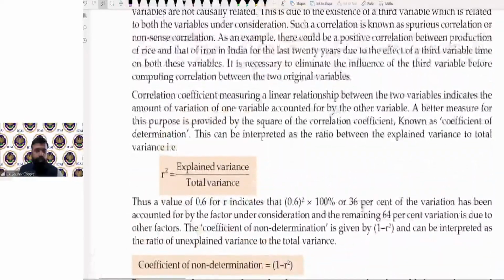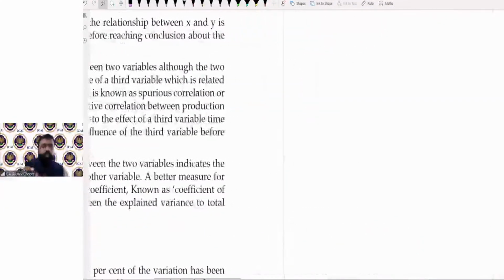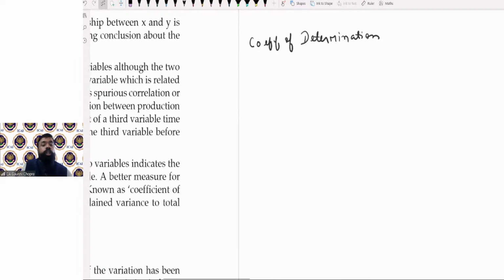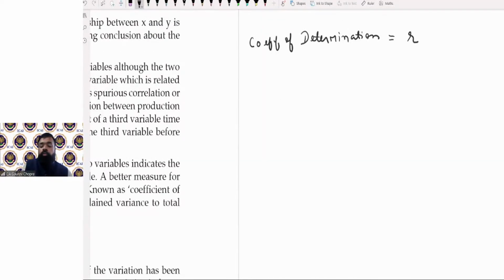Yes, one more thing is there. Coefficient of determination. Now, what is the coefficient of determination? तो coefficient of determination का मतलब होता है it is square of correlation coefficient.